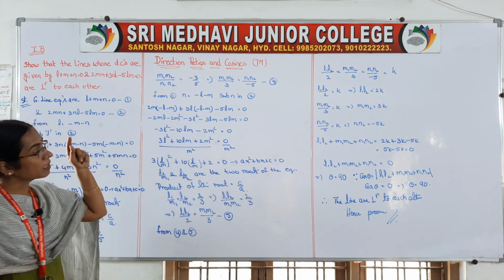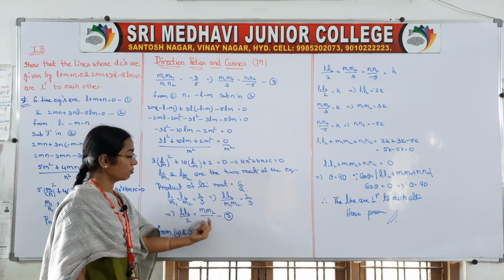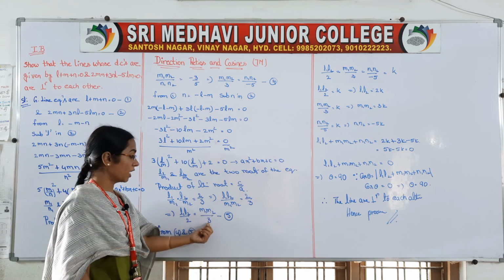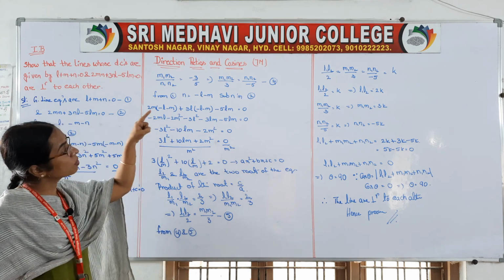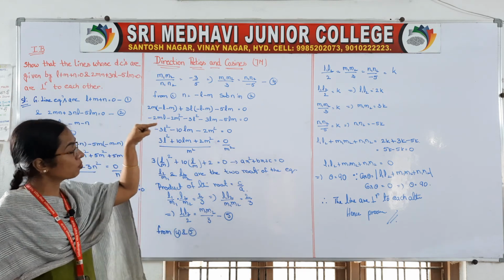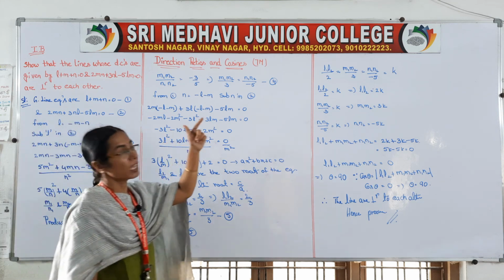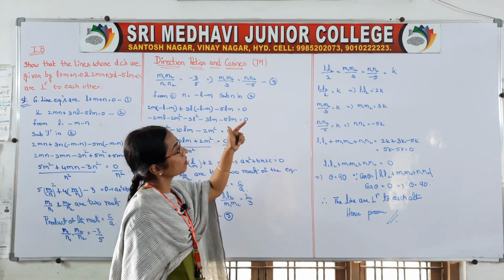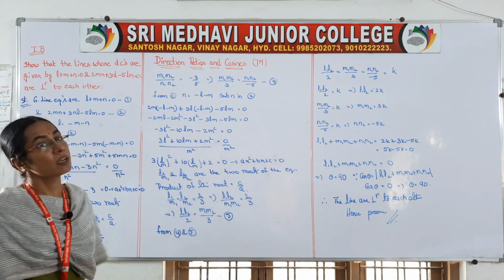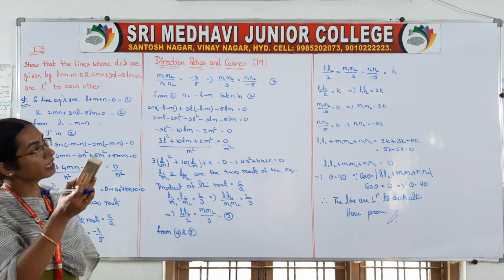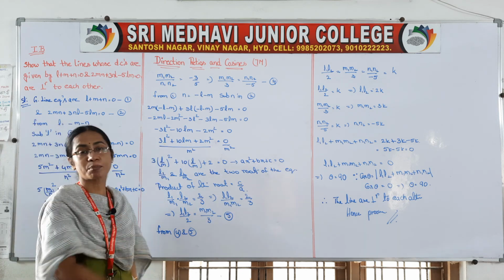Then by observing these two equations, M1 M2 by 3 is equal to L1 L2 by 2, and M1 M2 by 3 is equal to N1 N2 by minus 5. So we can equate these values: L1 L2 by 2 is equal to M1 M2 by 3 is equal to N1 N2 by minus 5. Generally in mathematics, if three equal values are there, we can equate them with some constant.